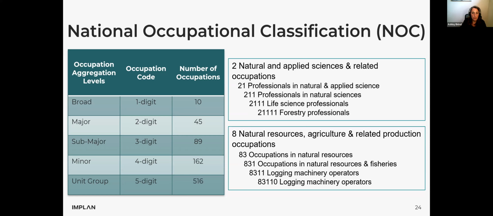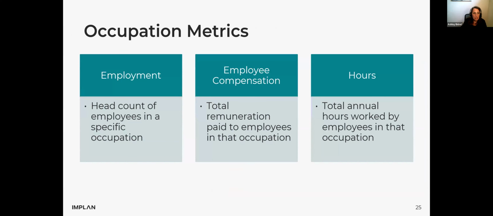So let's go ahead and take a look at what occupational metrics are available in IMPLAN. When looking at Canada occupation data, you'll find the following metrics. You'll find occupational employment, which is the head count of employees within a specific occupation.